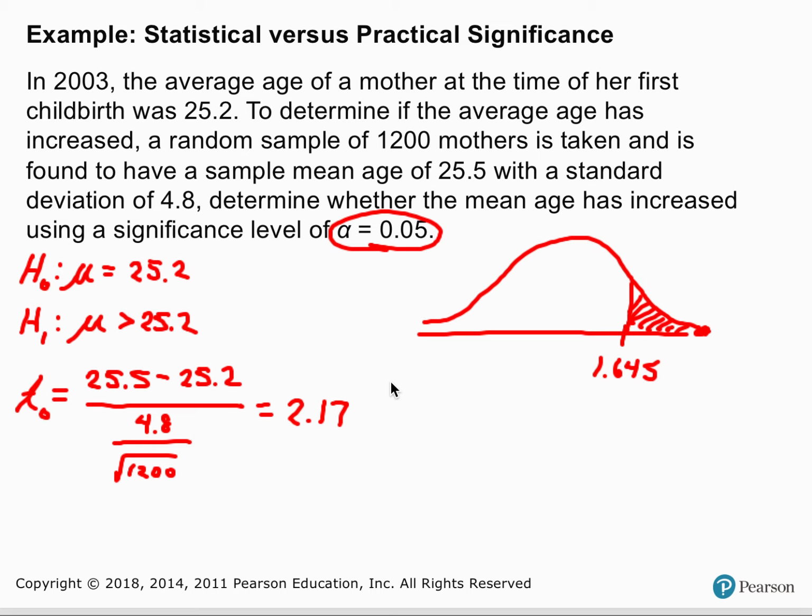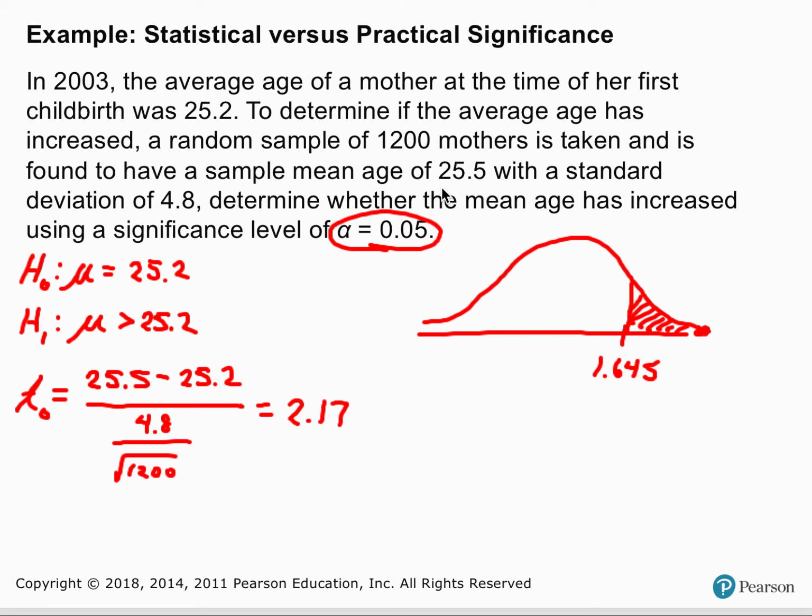Okay, now we just saw this is statistically significant, so we reject that null hypothesis and say the average age of a mother at her first childbirth is more than 25.2, but we found that it's really 25.5.